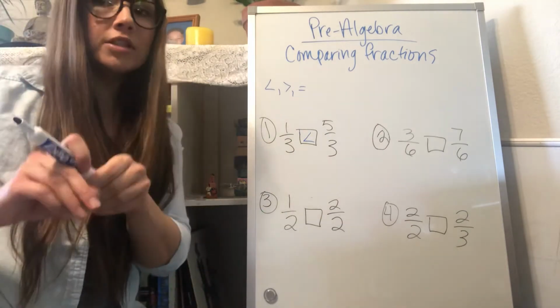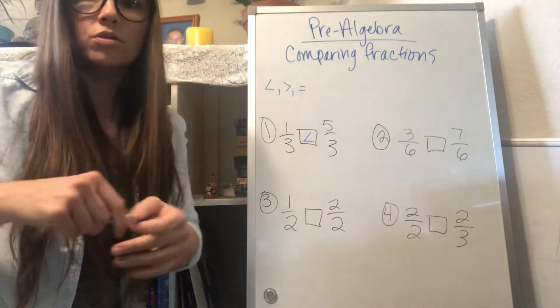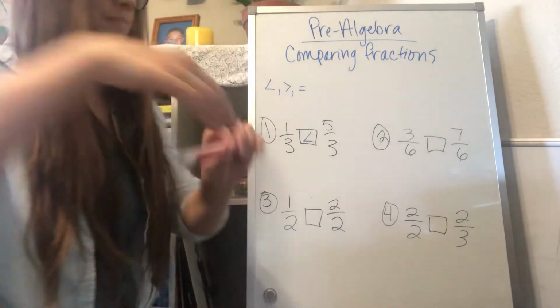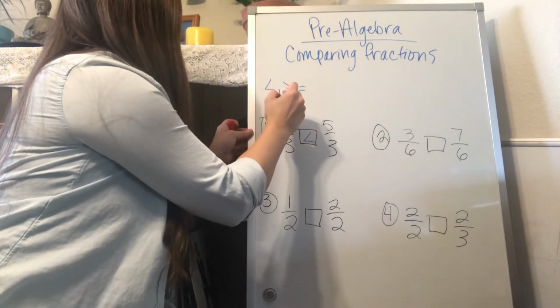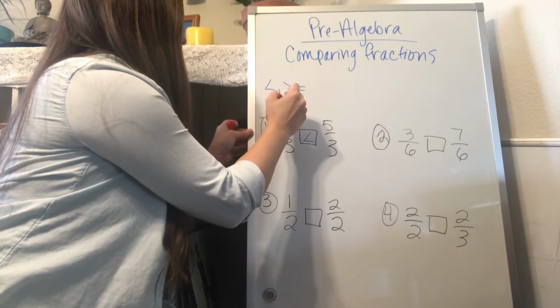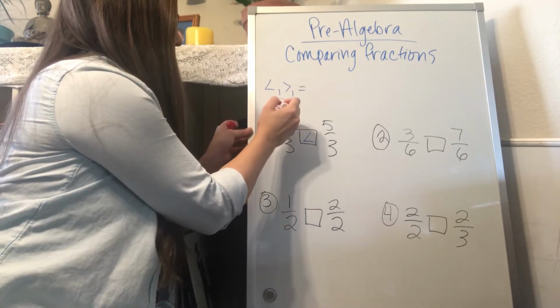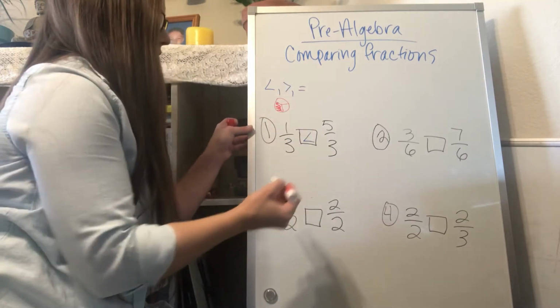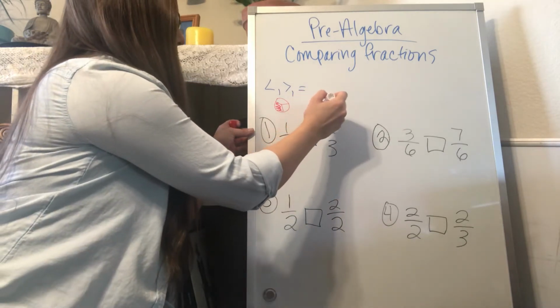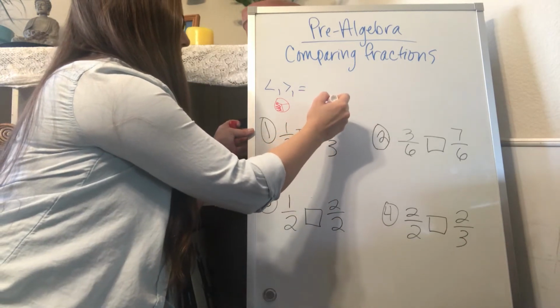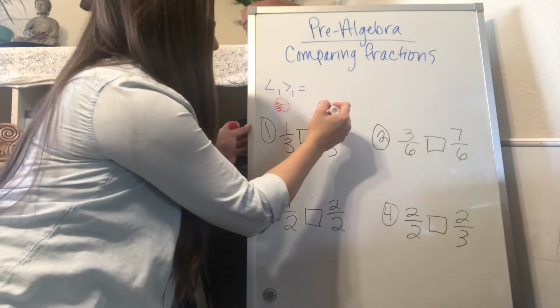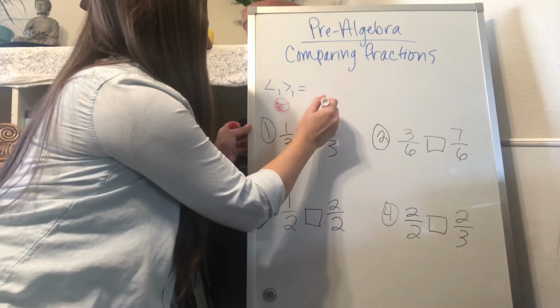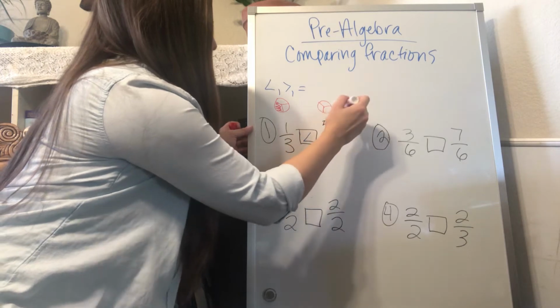But if it's not so obvious to you, we can also use a drawing, okay? So let me draw 1/3 over here. Pretend they're perfectly even, okay? And then over here I'm going to draw 5/3. We're going to pretend like those are also even because I'm not the best whiteboard artist.